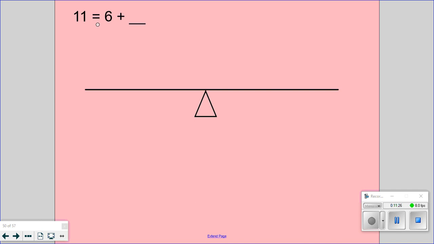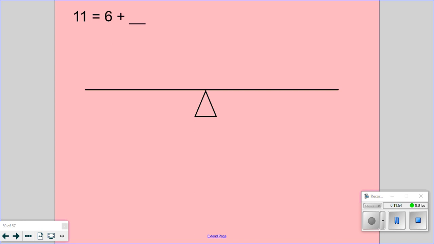Mackenzie, you want to help her out? That is an equal sign, but what does that mean? It's the same value as 6 and spot saver. 11 is the same value as 6 and spot saver.